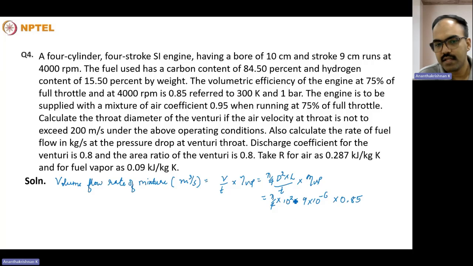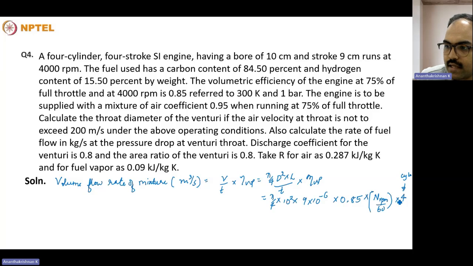Instead of time, we can write in terms of revolutions per second. N is given as 4000 RPM, so N divided by 60, multiplied by the four cylinders. For a four-stroke engine, the power cycle happens once every 2 revolutions, so you have to divide it by 2.